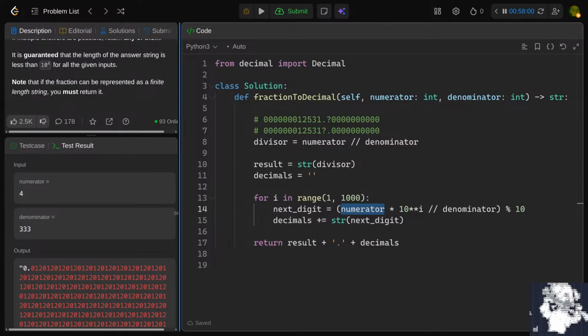So numerator is 4, denominator is 333. For some reason, the next digit is going to be the same as doing 4 divided by 333.